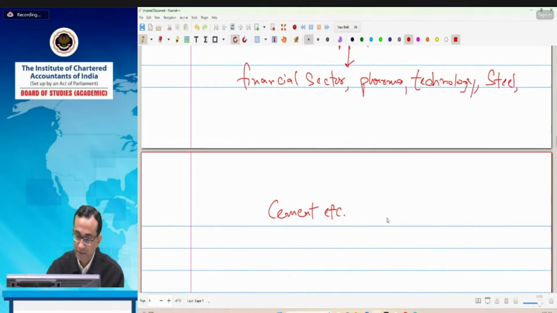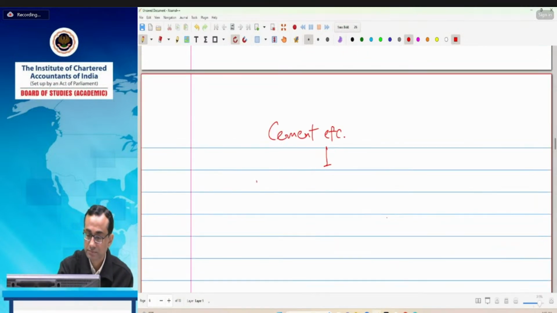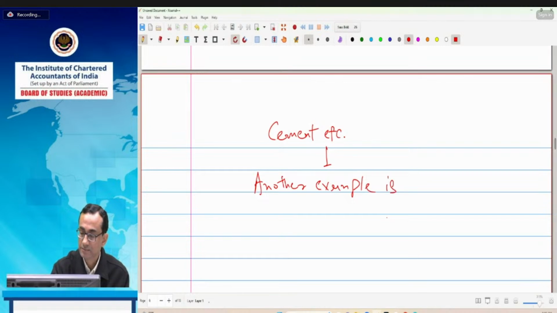Another example I can take is infrastructure. So in infrastructure, what will be covered?